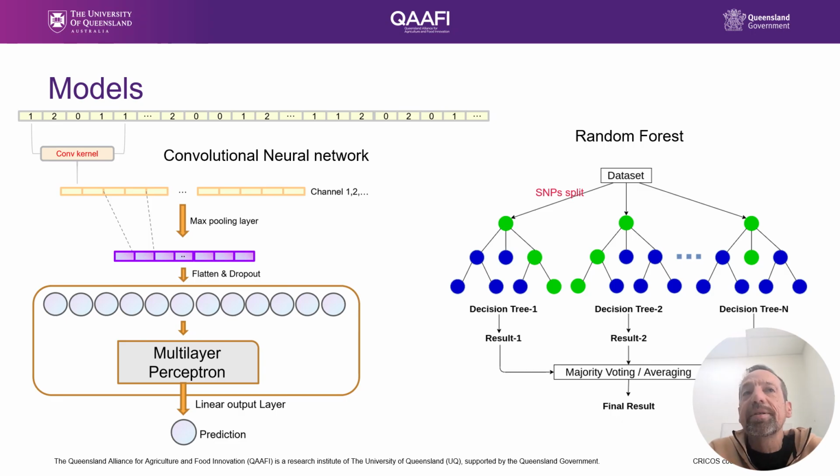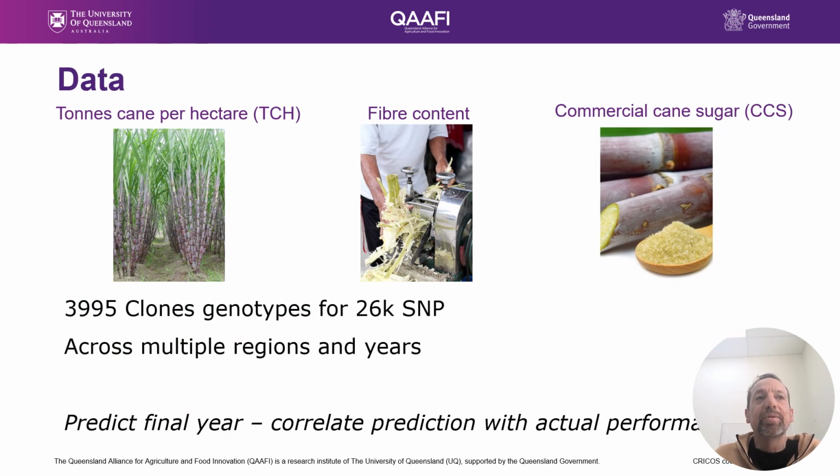Okay, so the models that Chen-Song tested in the data set included the convolutional neural network, multi-layer perceptron, and random forest. And I think you've learnt about these methods during the course. The actual data set, there were almost 4,000 clones, genotyped for 26,000 SNPs across multiple regions and years.